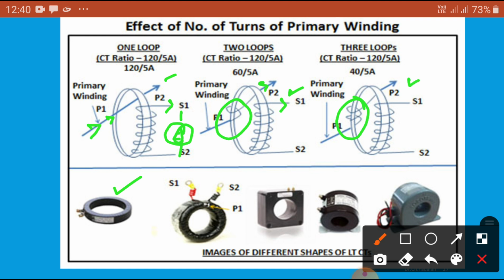The CT ratio changed here. When 40 amperes flows, 5 amperes is produced. So it is based on the number of loops of the primary winding. These are the different types of CTs used in our electrical field, on the LT side only, low tension voltage only.